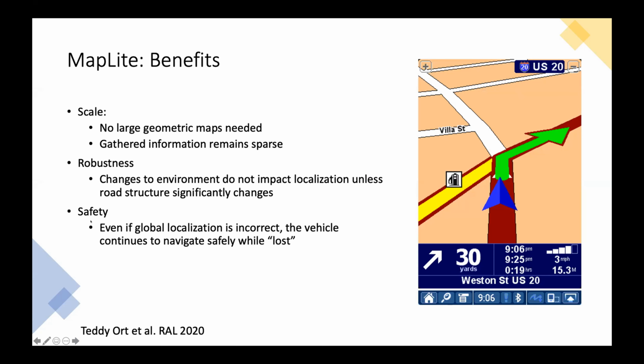And the other benefit here is even if the vehicle gets lost, let's say you have an incorrect road structure and you get into another lane, the replanning will ensure that you will get back to the original goal. And even if you don't do so, you'll continue navigating safely.